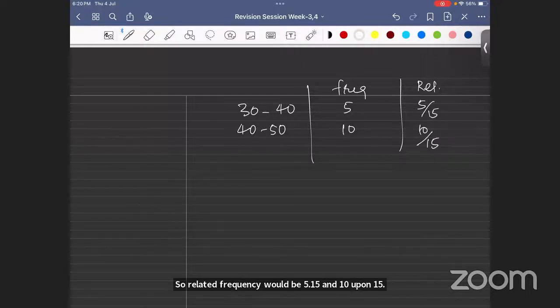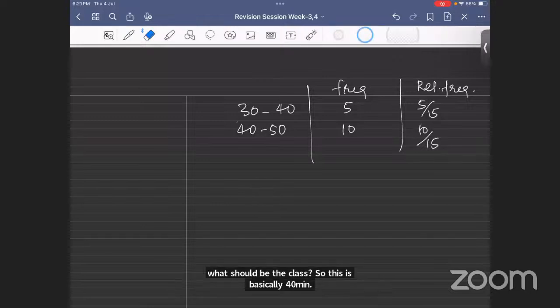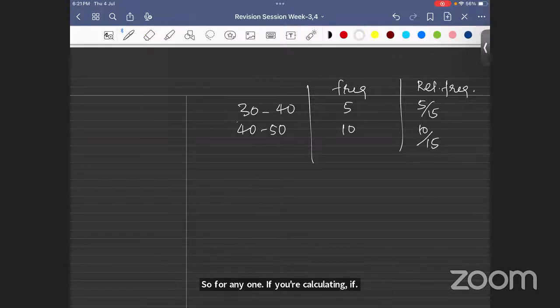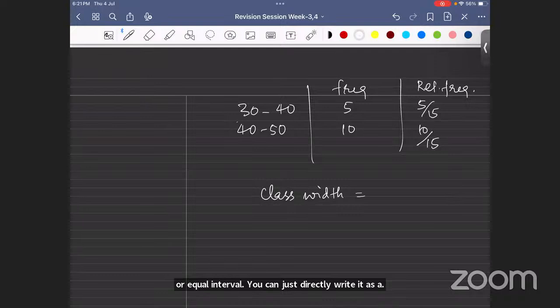If you have been asked to calculate the class width, what should be the class width? If the data set that has been given has equal width or equal interval, you can directly write the class width as 40 minus 30, or 50 minus 40, basically 10.